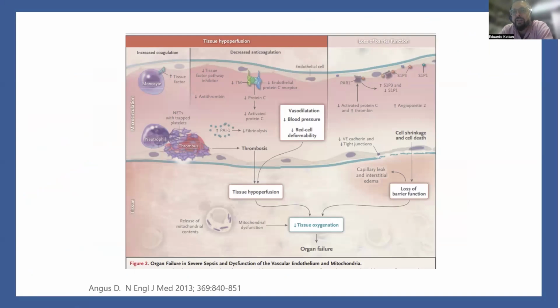And within septic shock, we have a myriad of circulatory dysfunctions in which we have hypovolemia, vasoplegia, cardiac dysfunction. But on the other side, we have these microcirculatory derangements that include heterogeneity, microthrombosis, decreased microvascular blood flow, that together end up determining tissue hypoperfusion, decreasing tissue oxygenation, organ failure, and finally death.